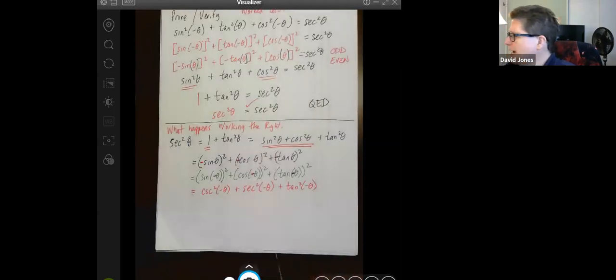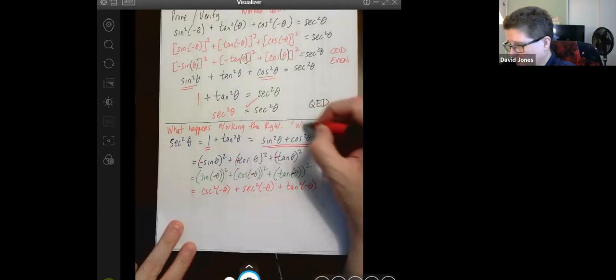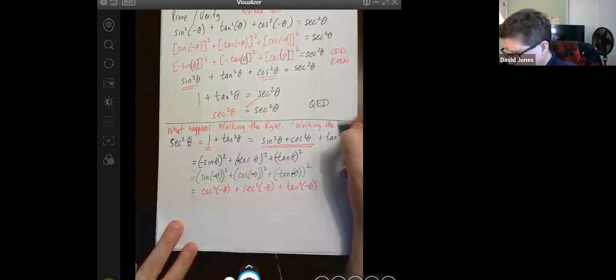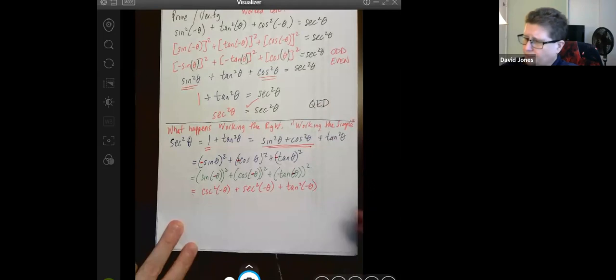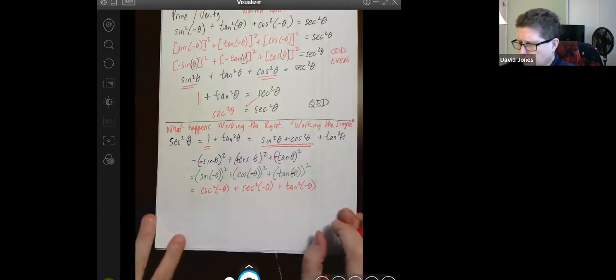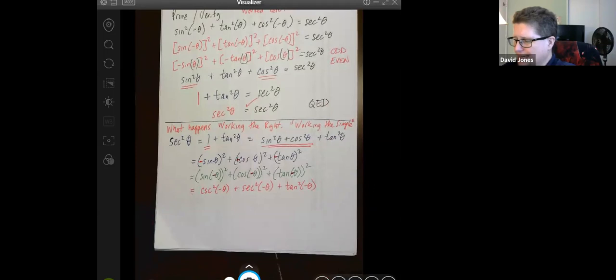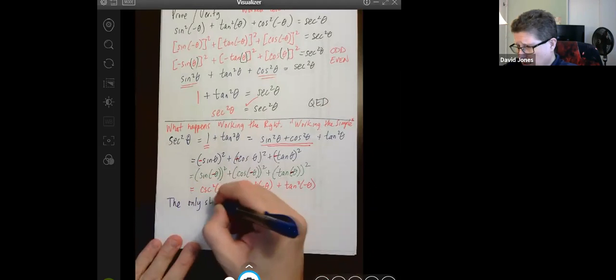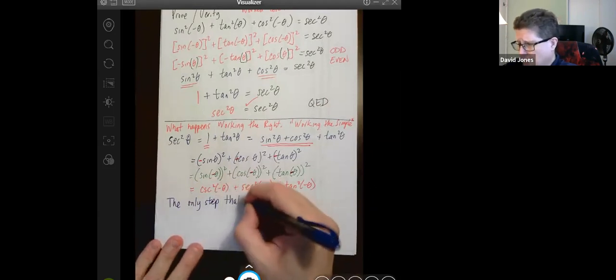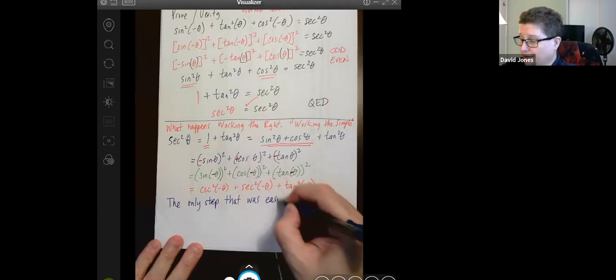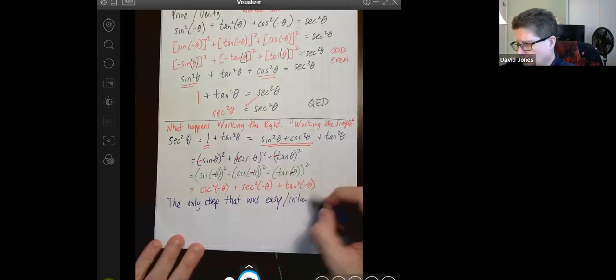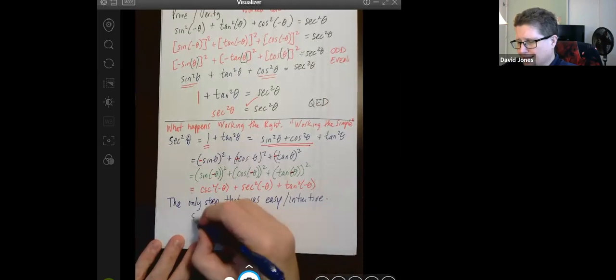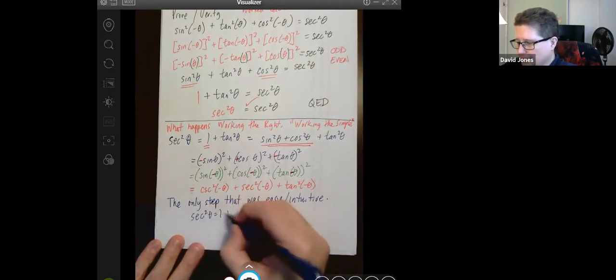Now, the reason why I did that is this was working the simpler side. The only step that was easy or even intuitive was secant squared theta equals 1 plus tangent squared theta.